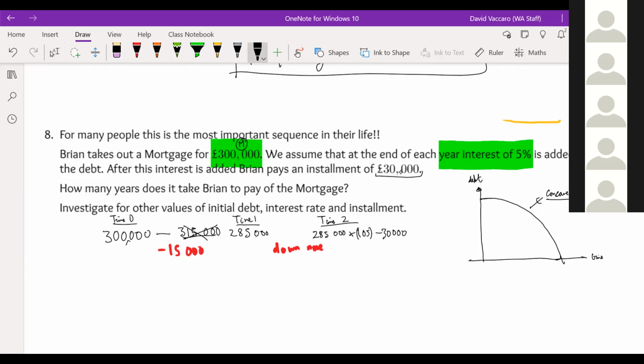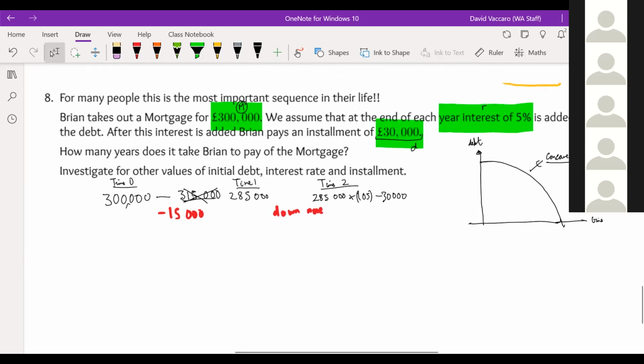So I'm going to say the initial debt is M for mortgage. The interest, I'll put R for interest rate. And the amount that he's paying off, I'll call D for difference. And let's look at this generally.